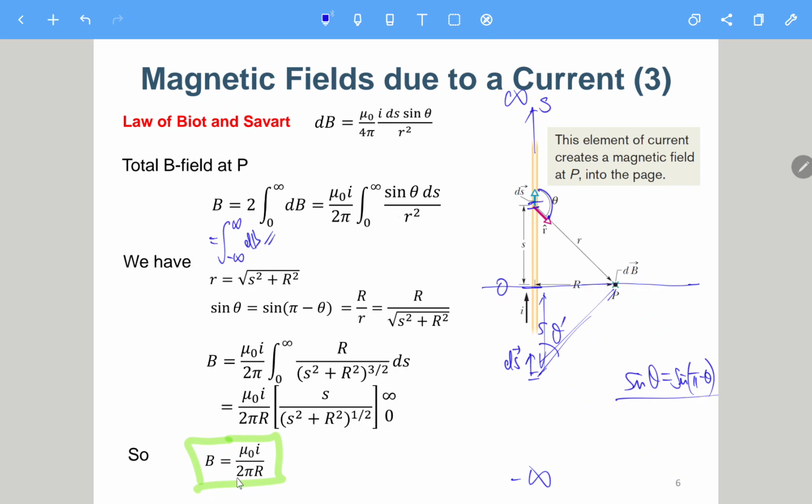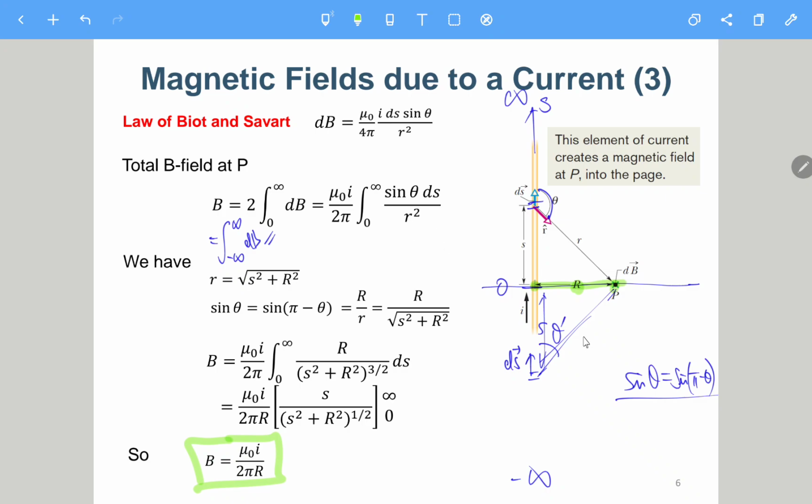To come up with this capital R is difficult, we take quite a lot of steps. Capital R is the distance of the point P to the wire.